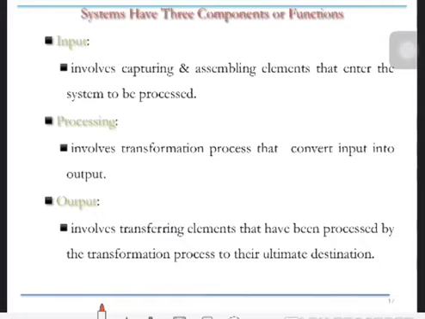Then we have processing system, which involves transformation processes that convert input into output. Then we have output, which can be explained in terms of product and or service. So first we have input, then processing system, then output.